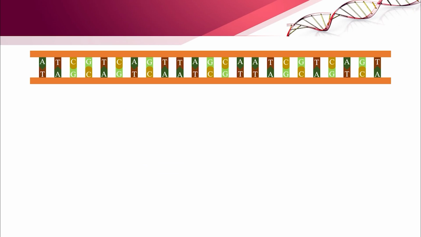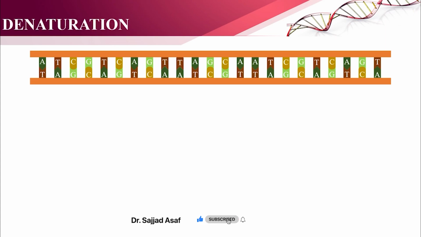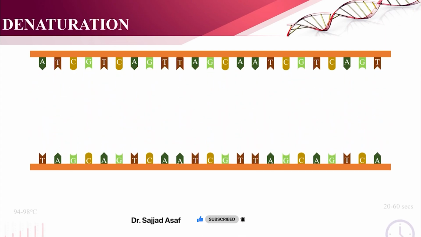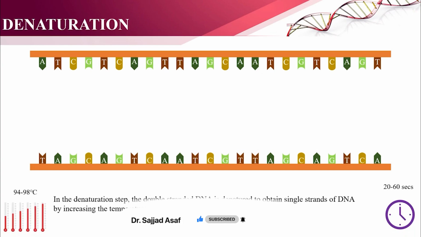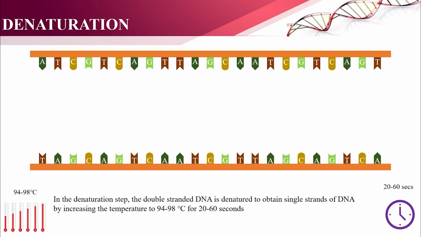Here we will talk about how PCR works, like how this denaturation, then annealing, and then extension are done. So first this is the denaturation. The reaction mixture contains the target DNA, primer, DNA polymerase and some nucleotides, as we discussed before, the reagents needed.